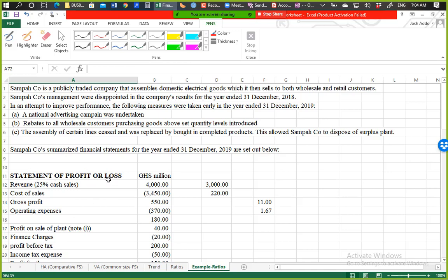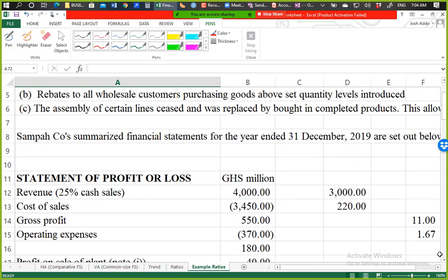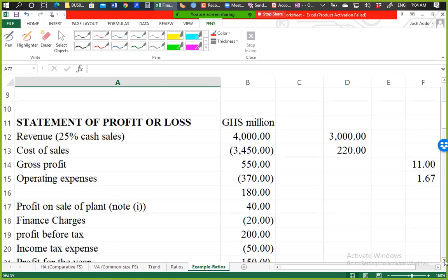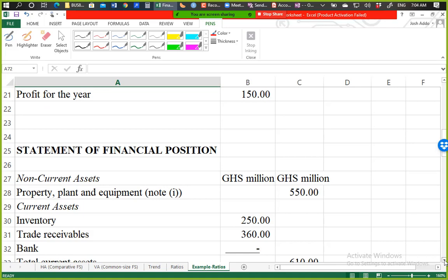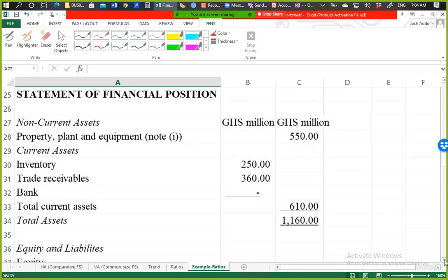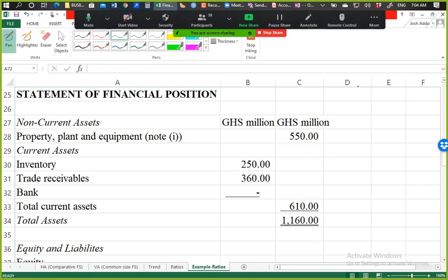This is the statement of profit or loss, also known as the income statement. And below that statement is the statement of financial position. Let's calculate the ROSI quickly from the formula we have learned.